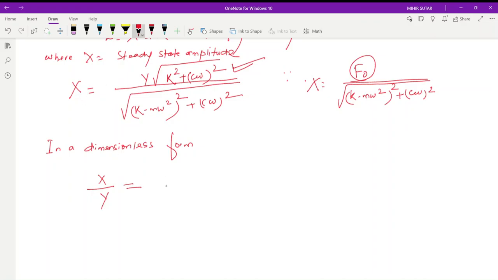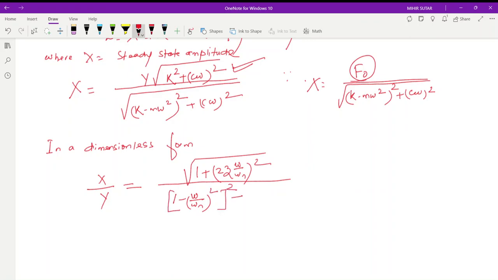So X by Y is equal to root over of 1 plus (2 zeta omega by omega n) square, divided by root over of (1 minus (omega by omega n) square) whole square plus (2 zeta omega by omega n) square. Okay, let's say this is our equation 6.